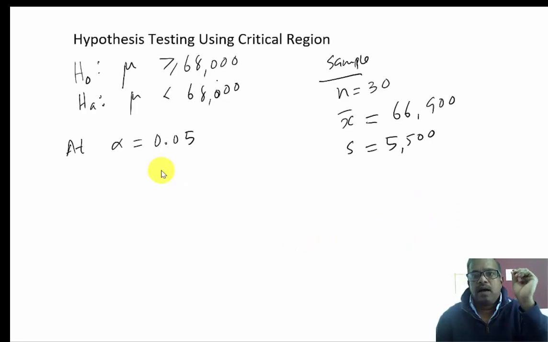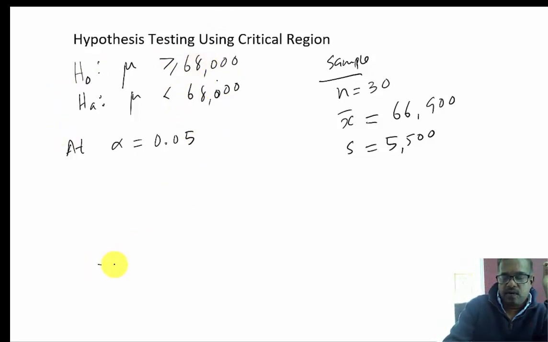Now, let's see how we use StatCrunch to do hypothesis testing using critical region. Suppose we want to do this problem. The null hypothesis, the mu is greater than or equal to 68,000 and alternative mu is less than 68,000. We want to do at alpha equal to 0.05 level. And here is our sample information. So the first thing is we need to find the critical region for this situation.